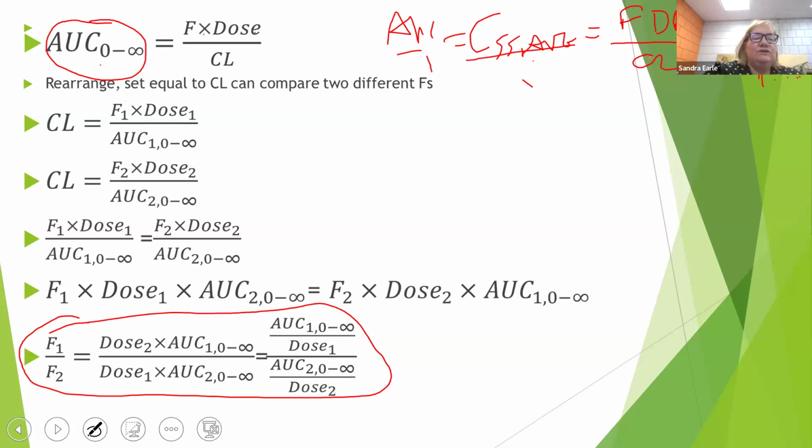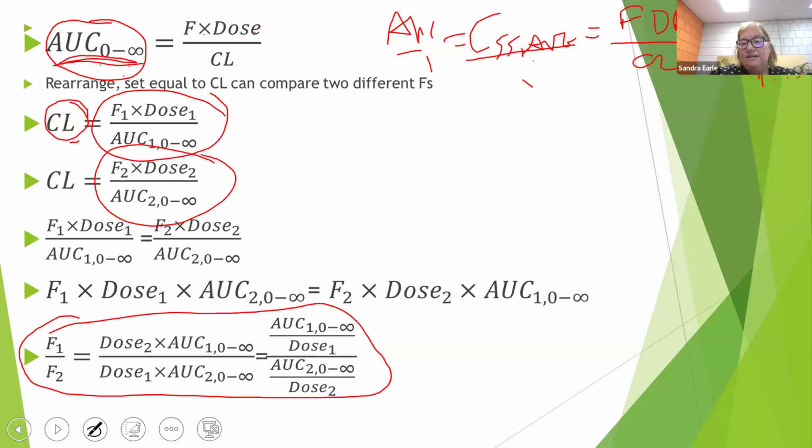So if we use this equation, the dependent variable here is area under the curve. But if we rearrange it to solve for clearance, we know that product A and product B, if it's the same drug in the same patient, these clearances are going to be equal. So we can set these two equal to each other. And when we do that, then we can solve for the relative bioavailability of the first product to the second product.